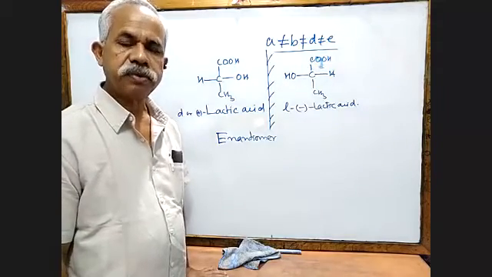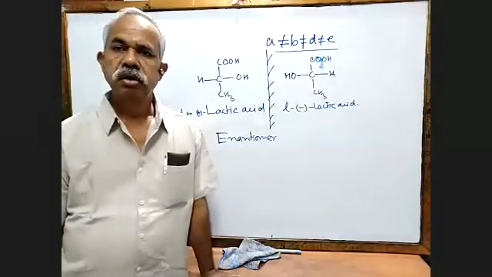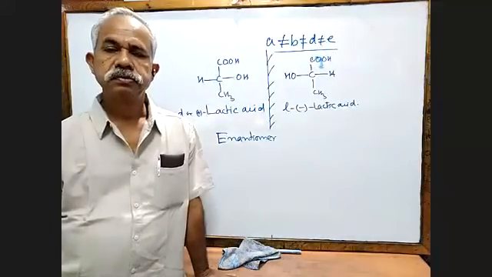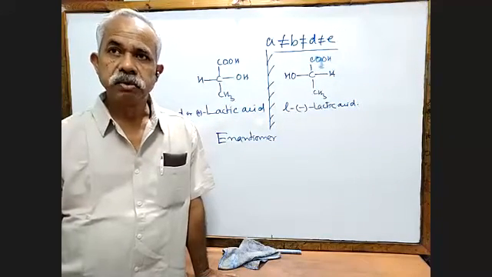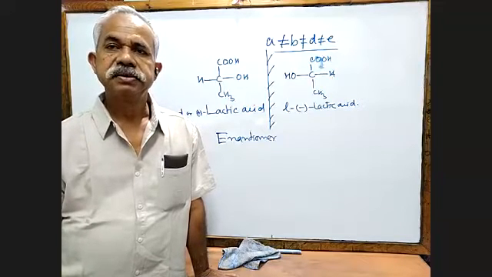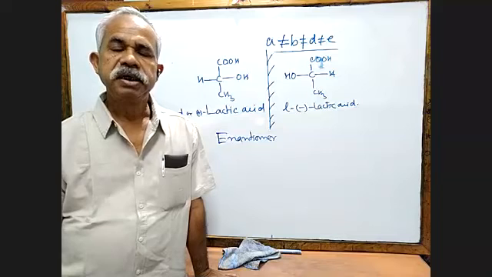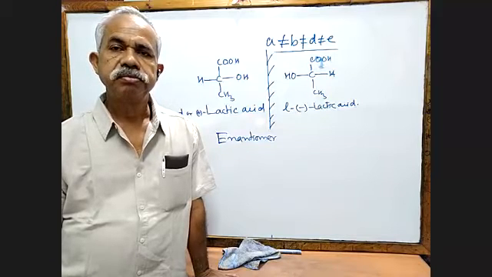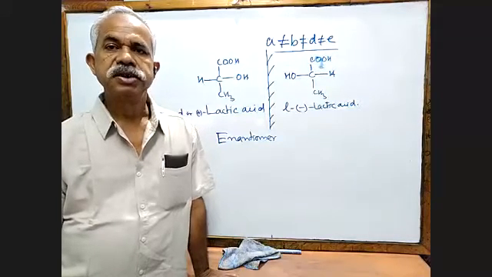Those optical isomers of a compound which are not superimposable on each other, but are mirror images of each other, are called enantiomers.